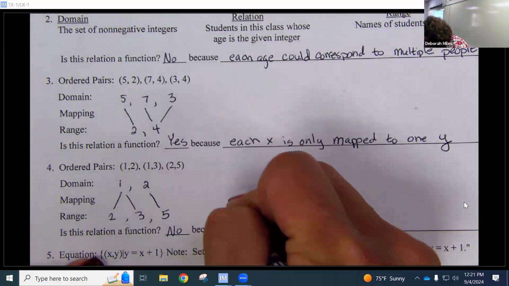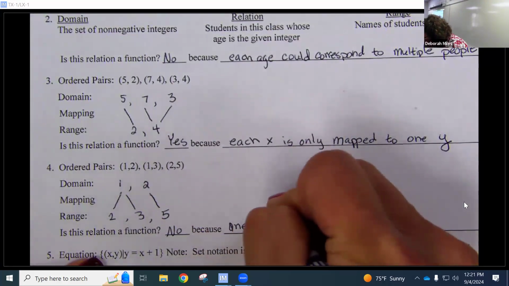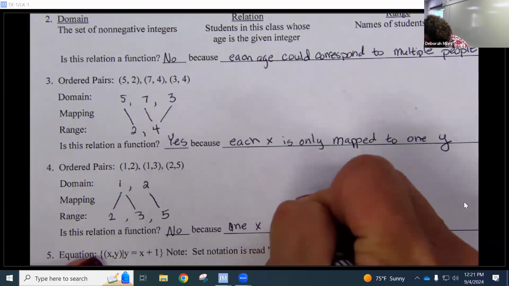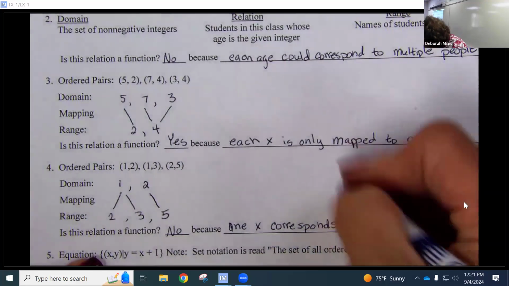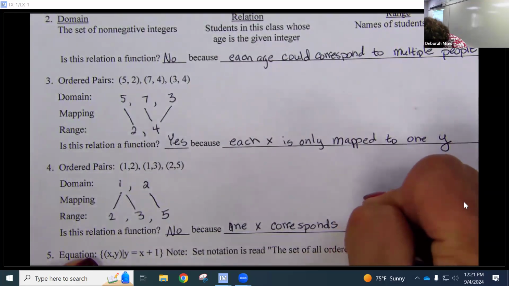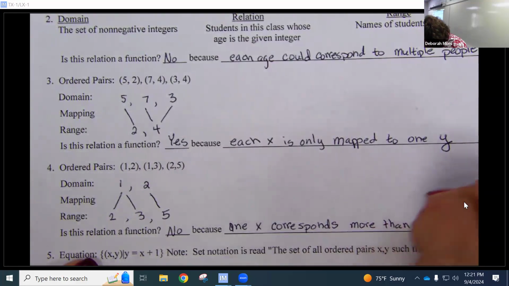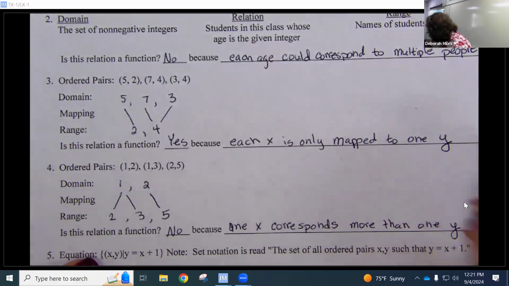Because 1 x corresponds, or I could have said is mapped, to more than 1 y.